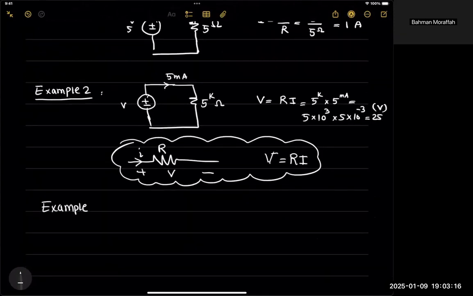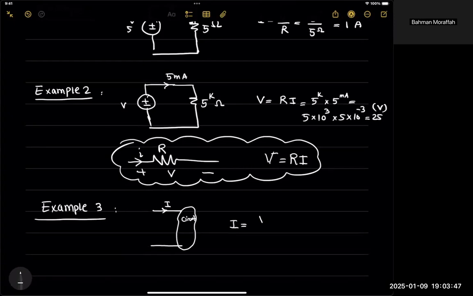Let's do another example. Let's just say I have a circuit. It's just my circuit. And I have I here that is connected to nothing. And the question is, what is I?